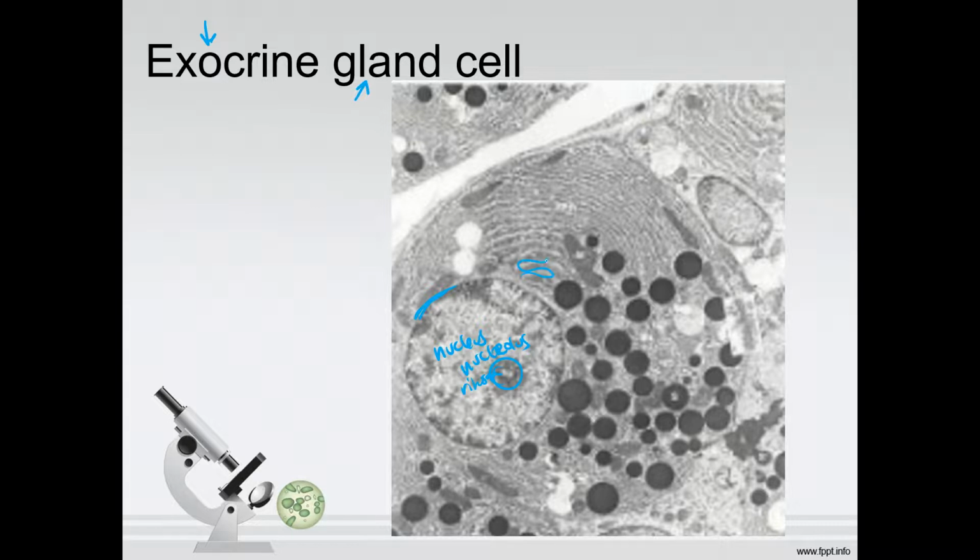We've got lots and lots of ER over here. Looks like there's some bubbles of Golgi over here. Let's see, some mitochondria, some more mitochondria, and then, oh my goodness, so many vesicles. This guy is pumping out a lot of stuff. Probably pumping it out into this duct that's going to carry whatever those proteins are to where they need to go.